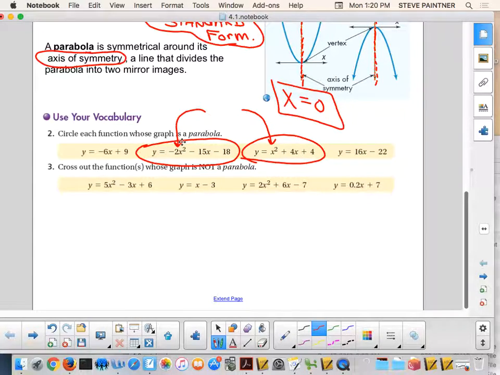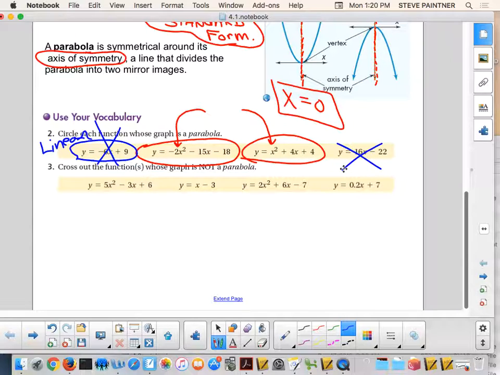X squared. Anytime you see an x squared, it is quadratic. It's a parabola. So what's this known as? Linear. That's just x to the first, y to the first. This is all linear. So this is not what we're going to study this chapter. Okay, do the same thing on the bottom.